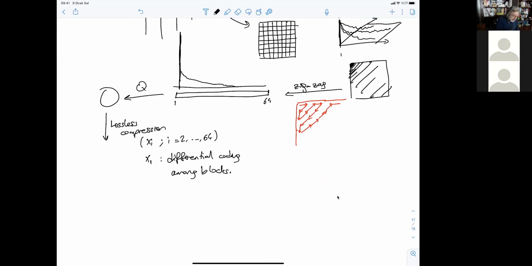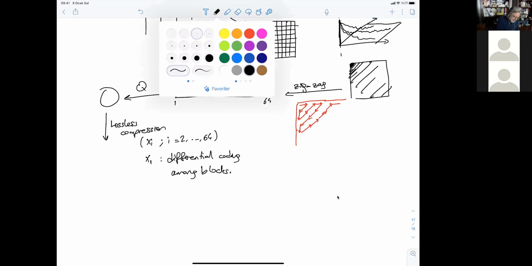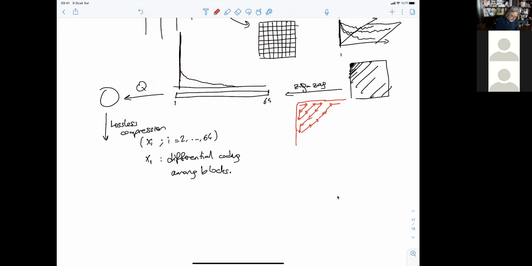All right, and there's one other thing. These are some technical details. If the rest of the values are too small, below a threshold or identically equal to 0, we put an end of block marker, and we don't try to encode the values with zeros.